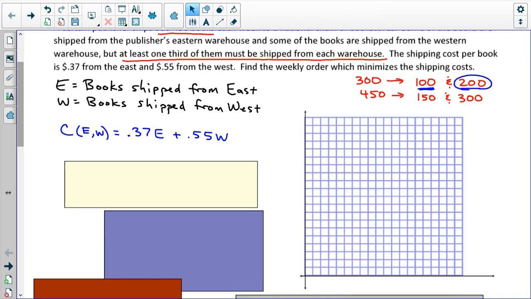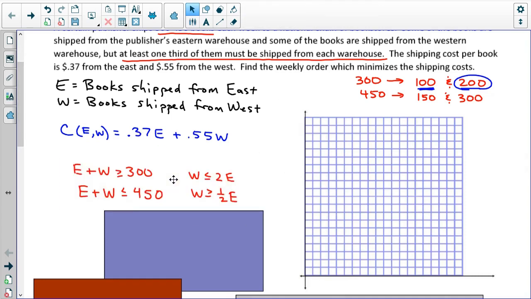So as we take a look at these equations, our constraints are E plus W is greater than or equal to 300, E plus W is less than or equal to 450. And then these two inequalities are basically dealing with the fact that if E is the smaller amount, then I can multiply that by 2 and get W. If E is the bigger amount, then I have to ship at least 1/2 of that from W. So W must be greater than or equal to 1/2 E. W must be less than or equal to 2E.